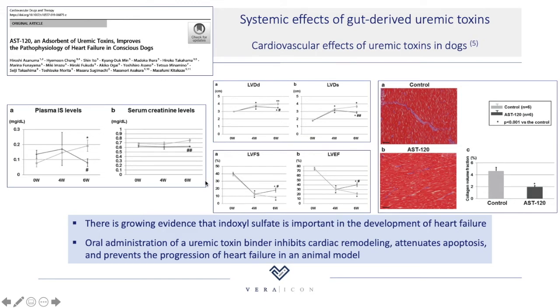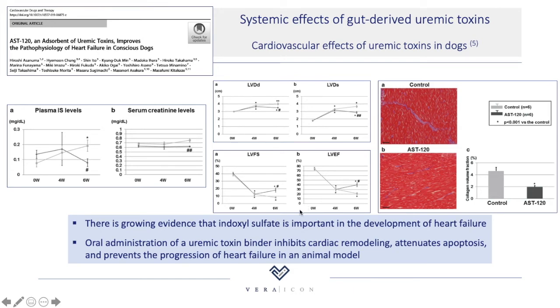So the conclusion from this study was, as we already said, indoxyl sulfate is somehow important in the development of heart failure. It is related to the kidney function in these diseased dogs, but at least as important, adding a uremic toxin binder inhibits or partly reverses the cardiac remodeling, attenuates apoptosis, and prevents the progression of heart failure in an experimental model.